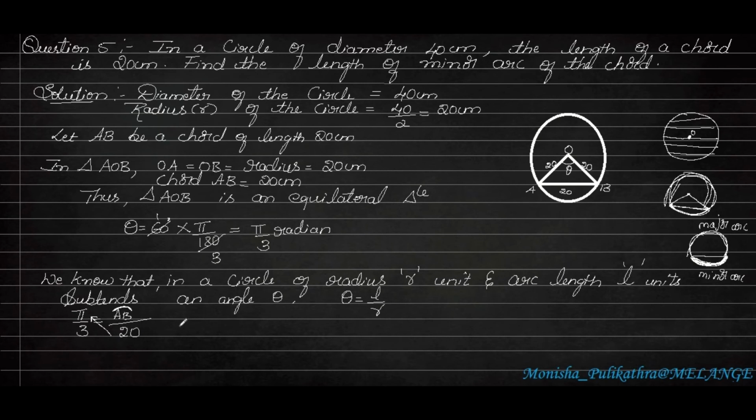So it becomes pi into 20 divided by 3 is equal to arc length AB. We can't divide 20 by 3, so we simply write arc length AB is equal to 20 pi by 3 centimeter. So this is the length of the minor arc.